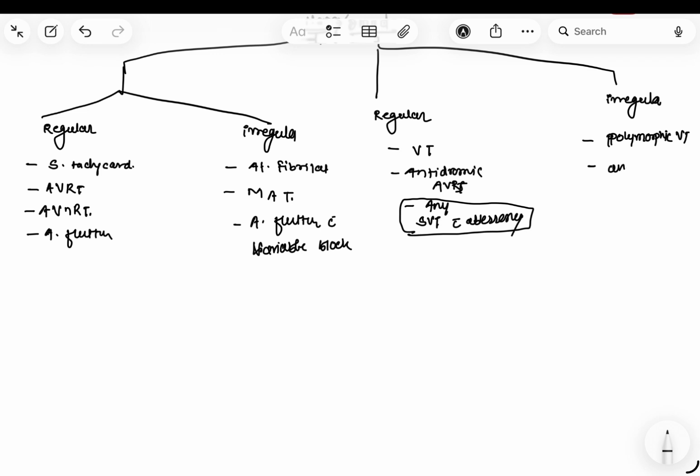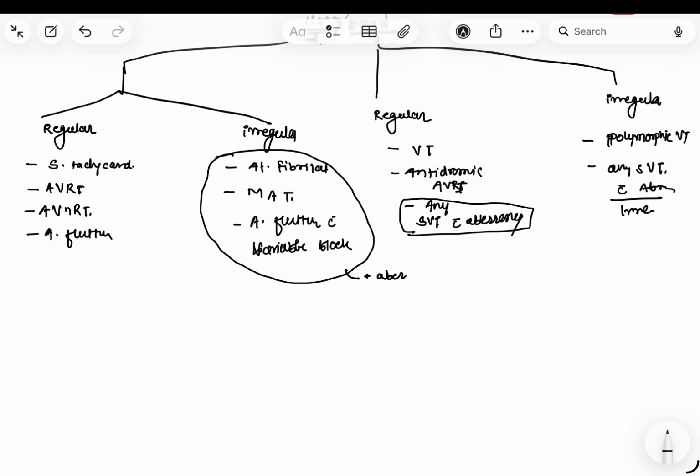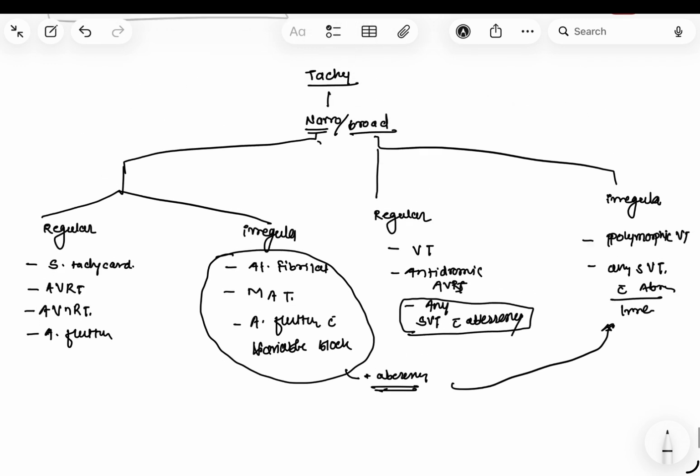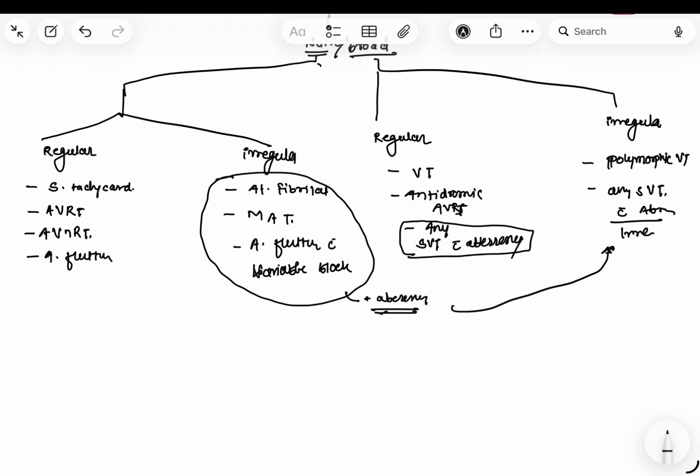Then there is any supraventricular tachycardia with aberrancy. So any irregular with aberrancy is an irregular broad QRS complex tachycardia.